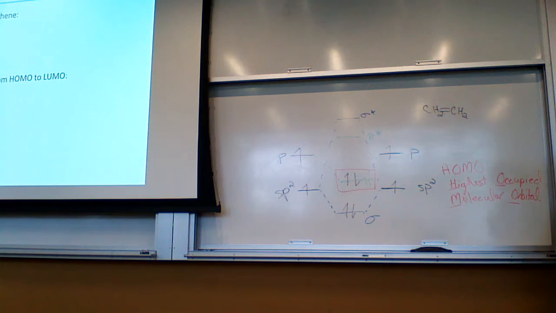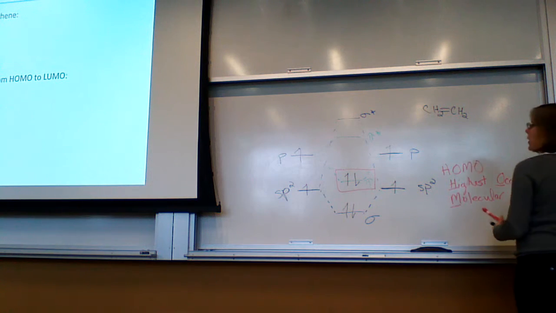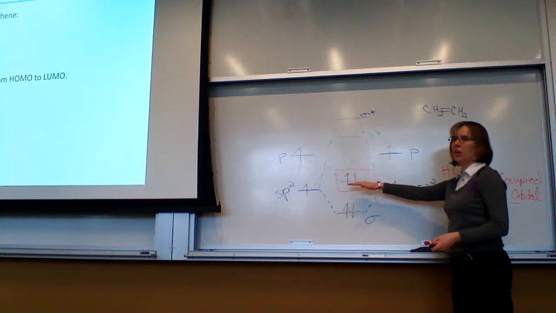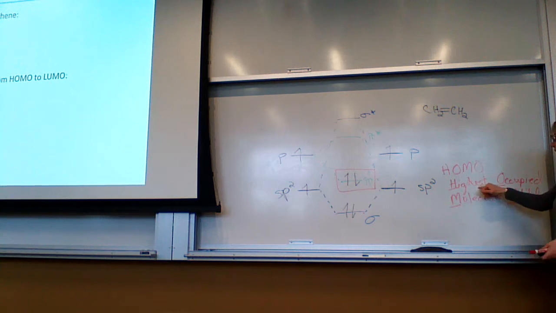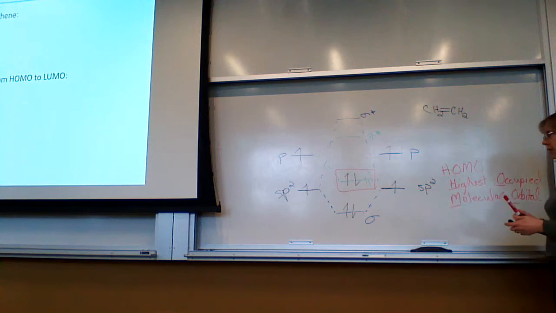So remember that that is going to be the one that is the highest in energy with electrons in it. So highest occupied molecular orbital when you draw out your molecular diagram.